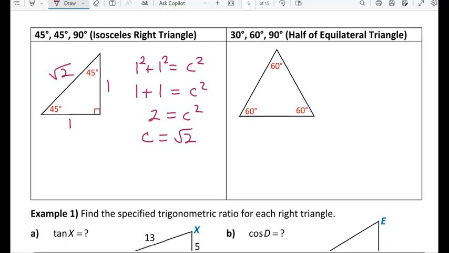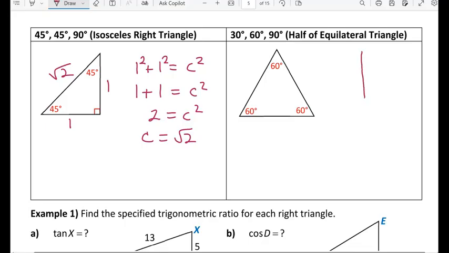What we know about a 30, 60, 90 triangle is it's actually going to come from half of an equilateral triangle. An equilateral triangle has all 3 angles congruent to each other, and if the angles add up to 180, each angle must be 180 divided by 3 or 60 degrees.